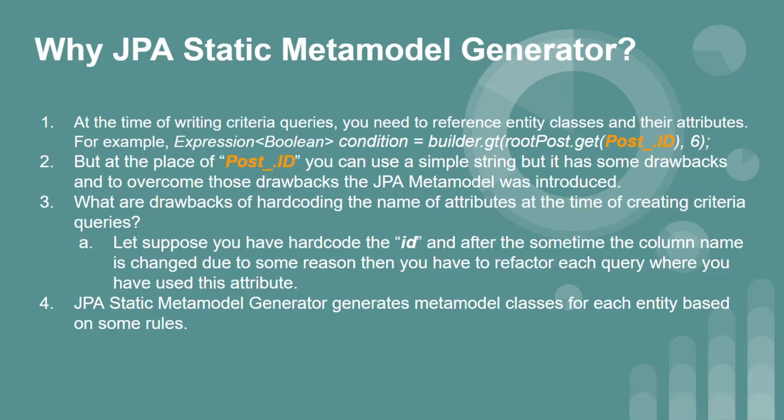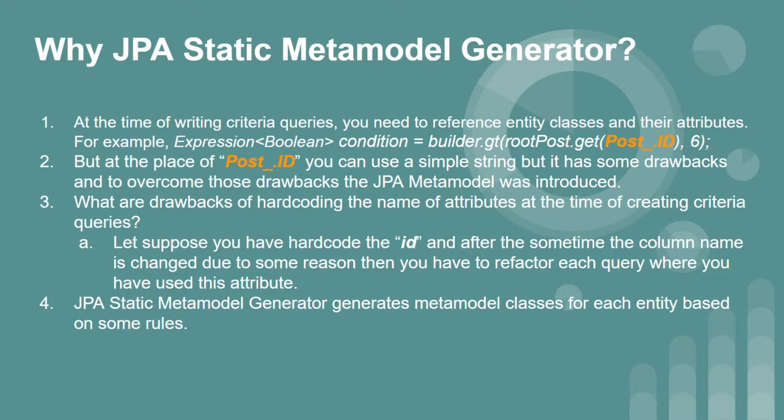Suppose you have hard-coded id, and after some time the column name is changed for some reason. Then you have to refactor each query where you have used this attribute, and it is tedious work. The metamodel generates metamodel classes for each entity based on some rules.